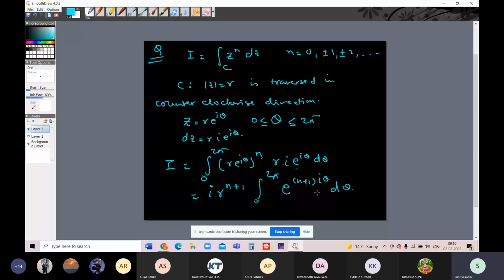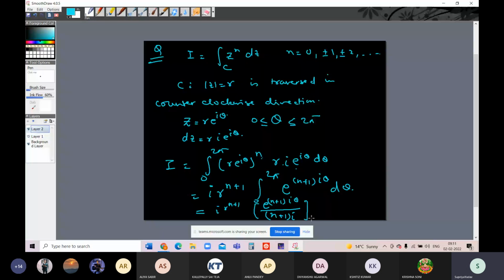Okay, integrating this function, we can also write here r^(n+1) e^(i(n+1) theta) divided by (n+1) i, from 0 to 2 pi.